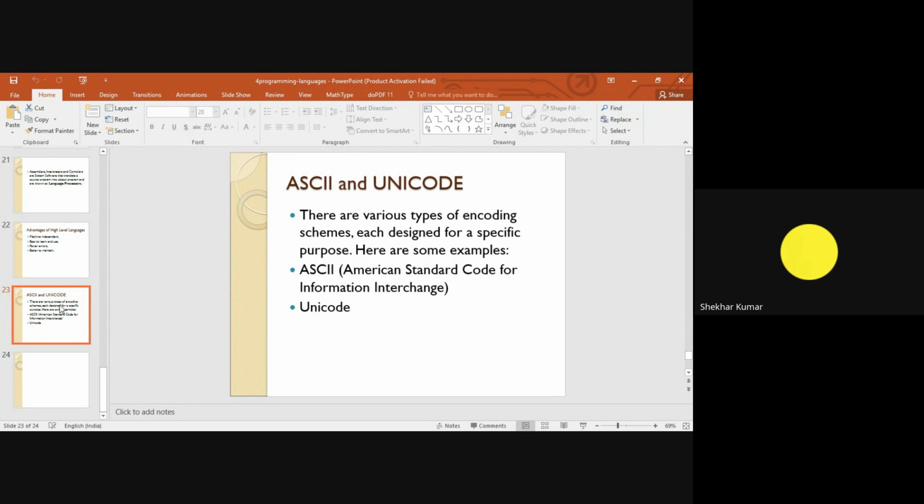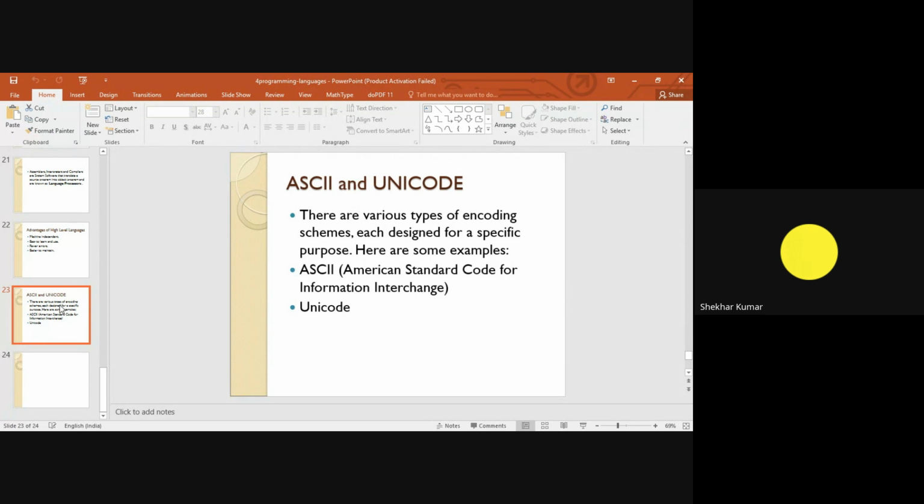Two of them are ASCII and another one is Unicode. ASCII is the American Standard Code for Information Interchange. It is an encoding scheme which is used for representing text in computers.